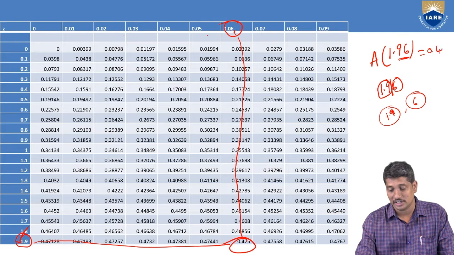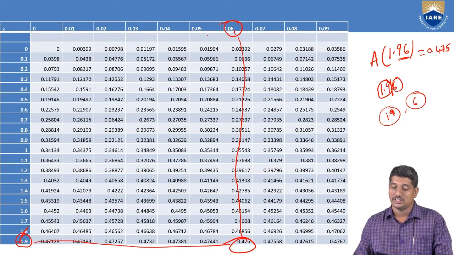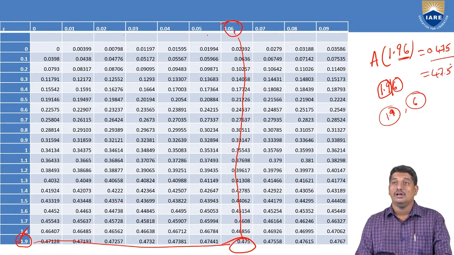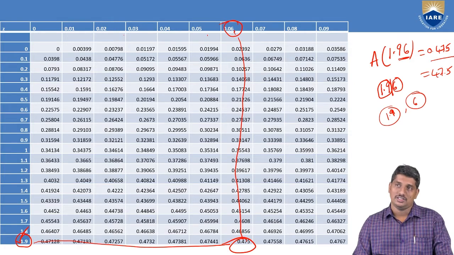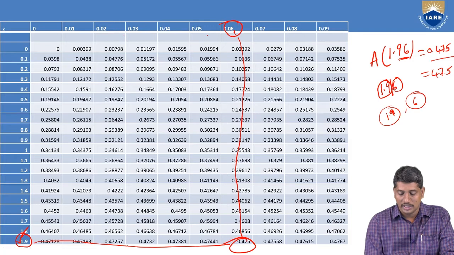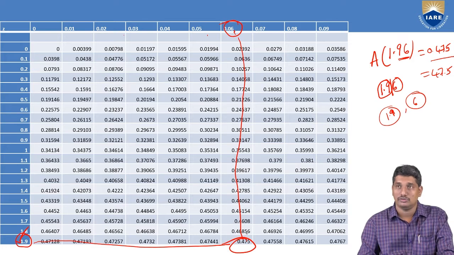That is the required normal table value. So A of 1.96, that is the area under 1.96 in the normal curve, is nothing but 0.475, that is 47.5% area will lie around 1.96 on the normal curve. Okay, that means you have to go for the intersection of these two numbers, 1.9 and 6 meeting at 0.475.